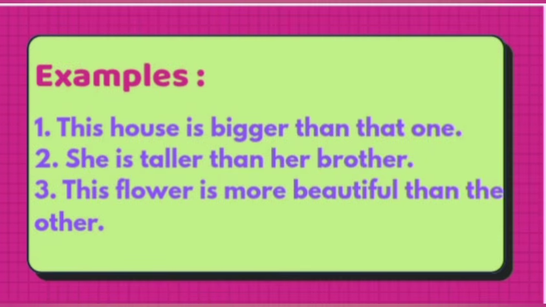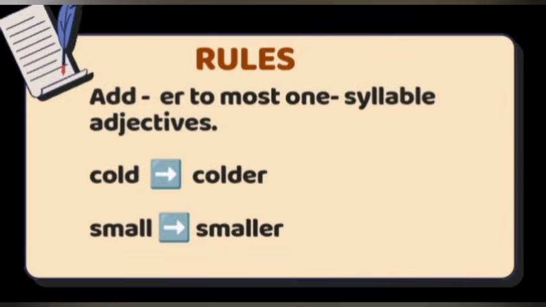Now see these rules. Rules for changing from positive to comparative degree. Add er to most one-syllable adjectives. When you get a word or an adjective with only one syllable, then we need to add er.